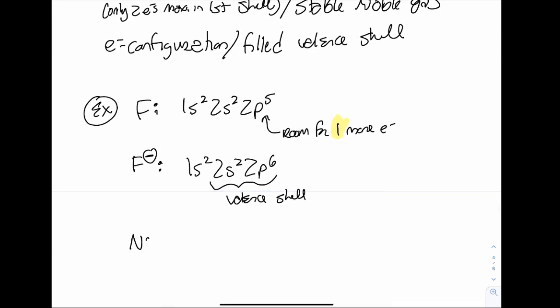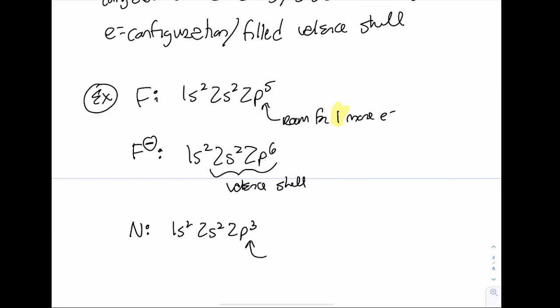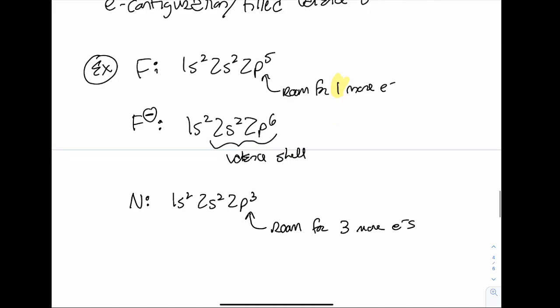If I was to look at nitrogen, 1s2, 2s2, 2p3, this time I have room for 3 more electrons. It needs 3 electrons to have an octet, which means it's going to gain 3. The number of electrons that it gains is the number of electrons it needs to gain to meet that criteria. So if I put 3 more in there, it has a filled valence shell, the same electron configuration as neon, and an octet.